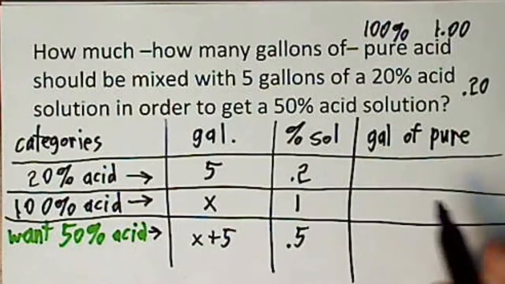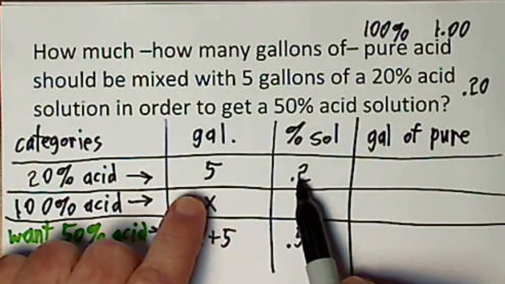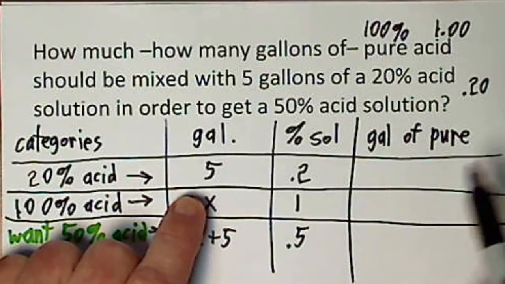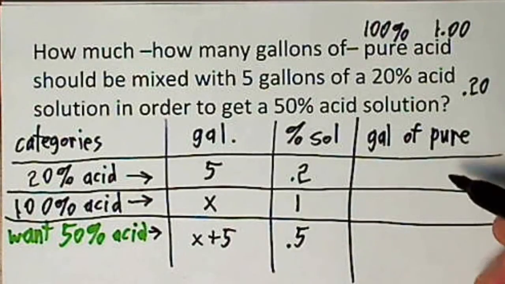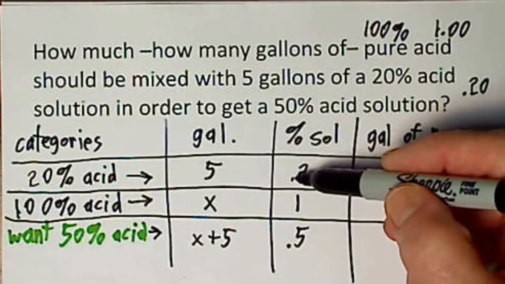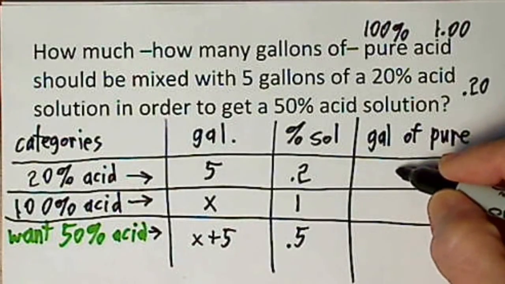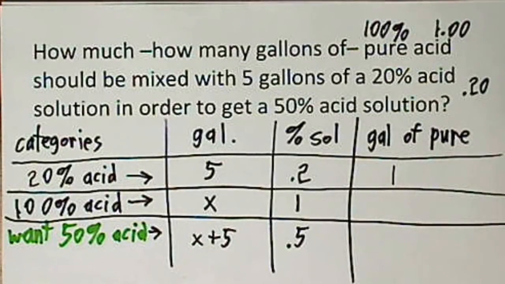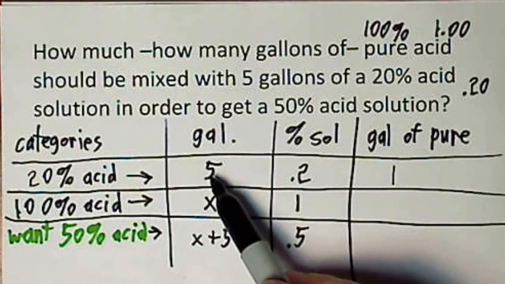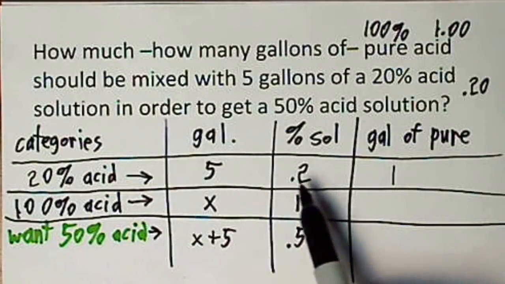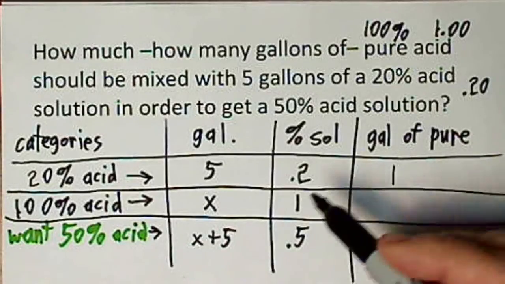And this might seem a little strange, but if you multiply the number of gallons times the percentage of solution, it gives you the amount of pure that is in that solution. Okay, so 5 times 2/10 is 1 gallon of pure acid in here. They basically had 4 gallons and they added a gallon of pure, and they got 5 gallons of 20%.